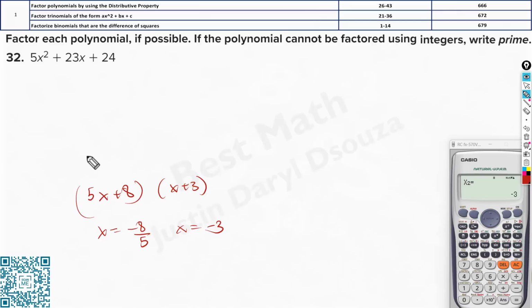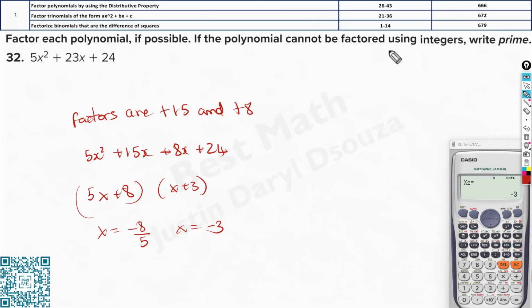Now let's multiply. 5x times x would be 5x squared plus 15x plus 8x plus 24. So it's 5x squared, 15x, 8x, 24. Now here the factors are plus 15 and plus 8.